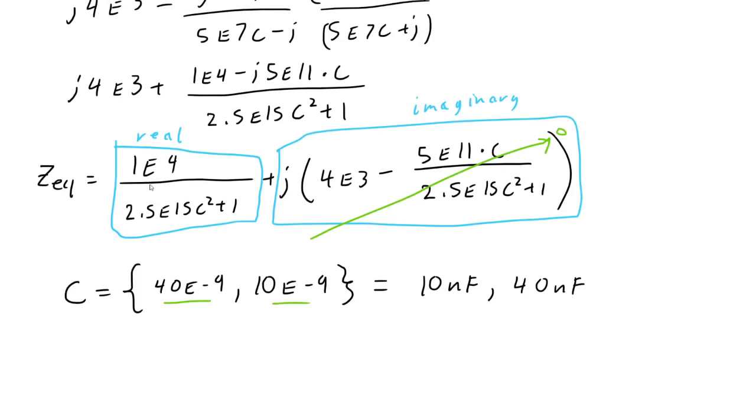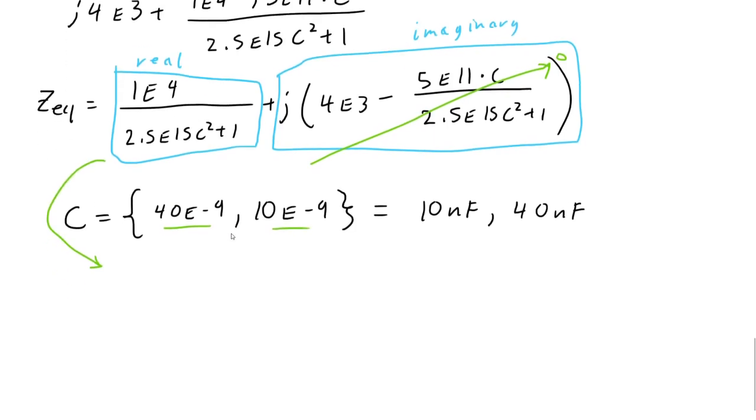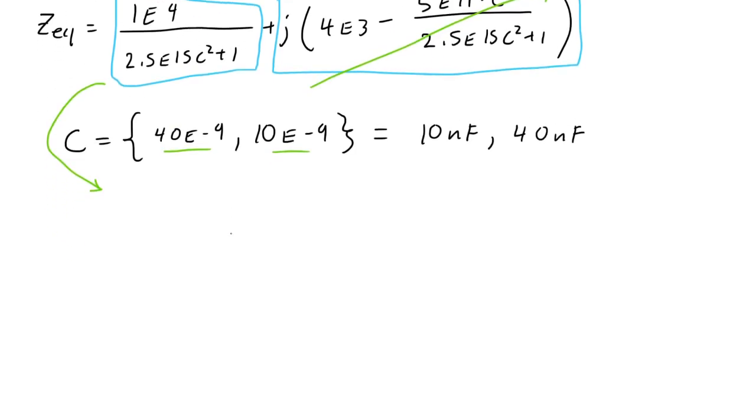So all we have to do is take the real one down, and we're going to calculate an impedance for each case. The first case, I'll call it Z1 for case 1.